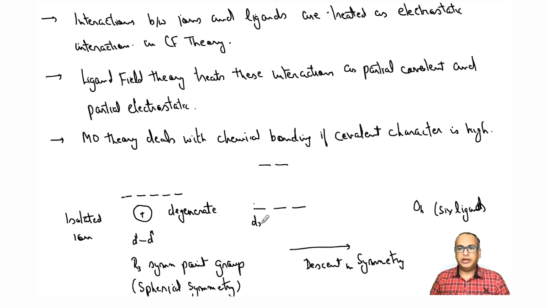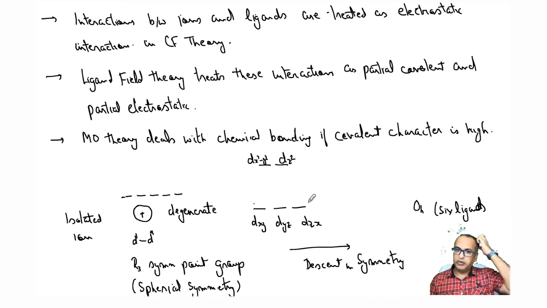So this will be dxy, dyz, dzx, and this will be dx square minus y square and dz square, right? Or let's say if you do the same thing in tetrahedral field, then the pattern will be reverse. We'll see how it works out.